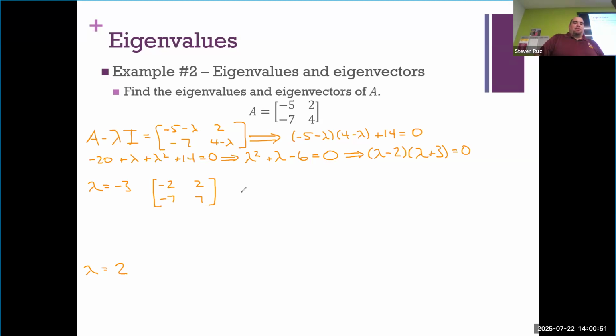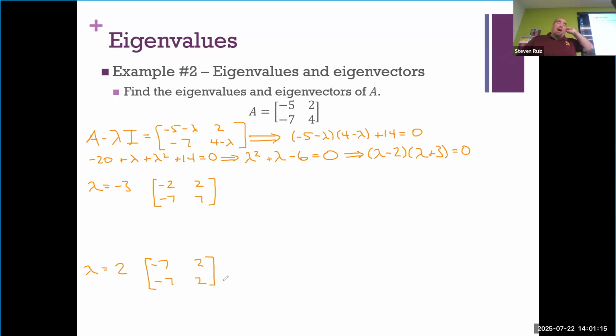So what does it tell us about where to go next? Yes, we can also. These are kind of parallel things. We can look at both at the same time. Plugging in the 2 gives us -7, 2, -7, 2.